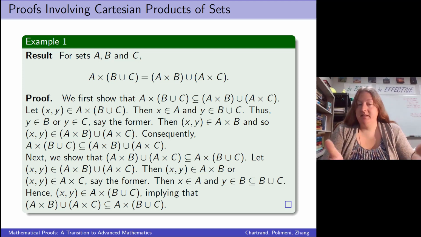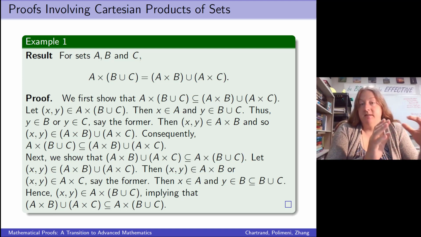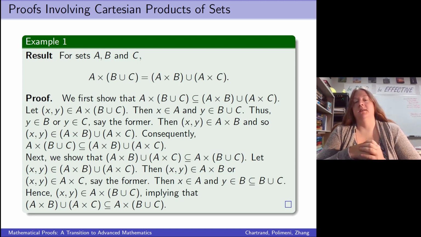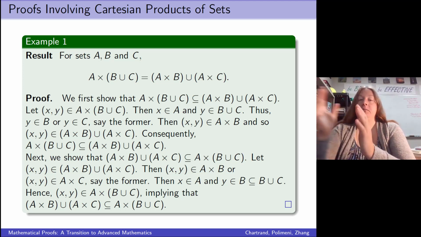Now, elements in Cartesian products are going to be ordered pairs, so that's an important thing. The first element in the ordered pair is going to come from the first set in the Cartesian product. So x will come from A, and y, the second one, will come from the second set.